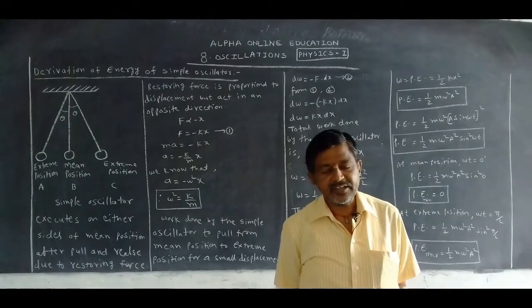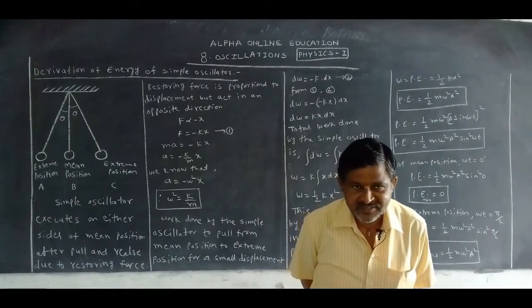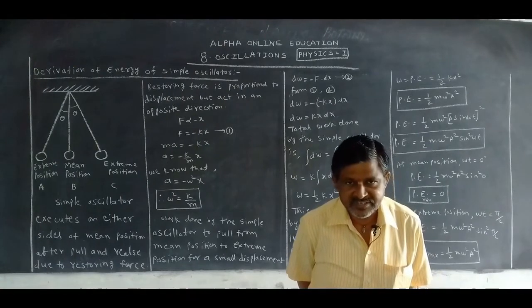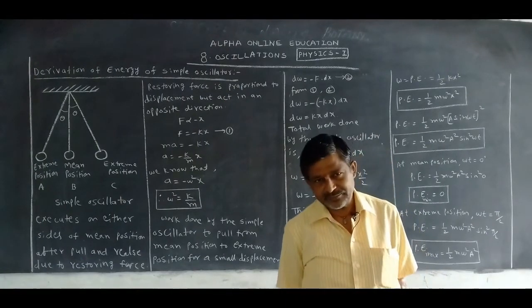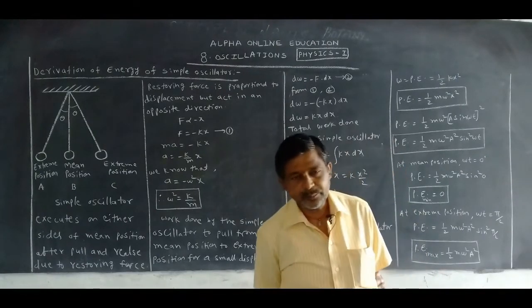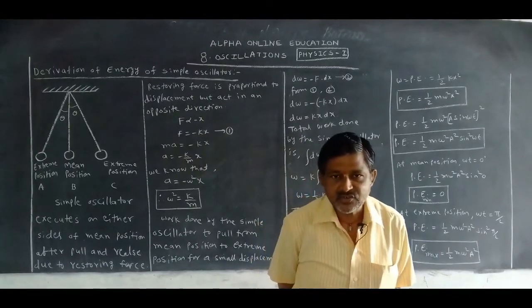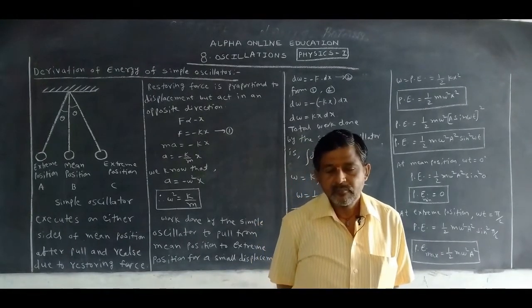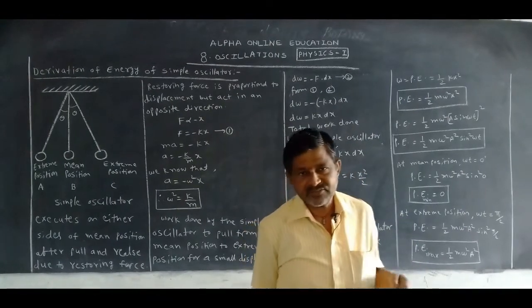After that we proved that acceleration is proportional to displacement but acts in the opposite direction. And finally, what equation do we get? a is equal to minus omega square x. Up to there, that is one of the important questions for 8 marks.